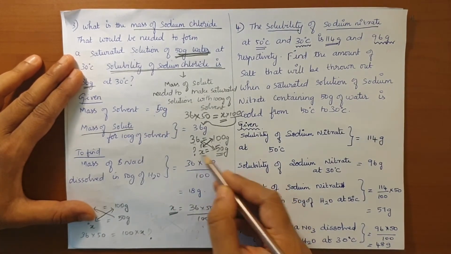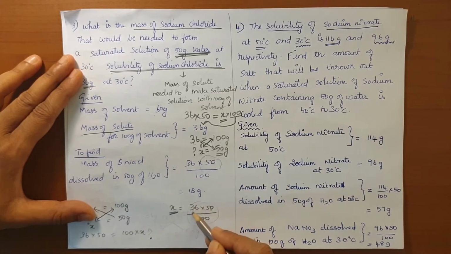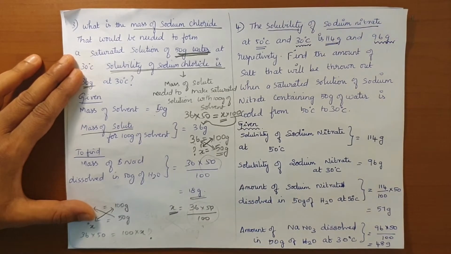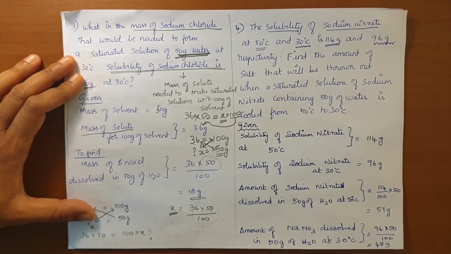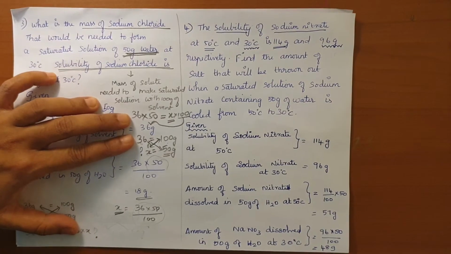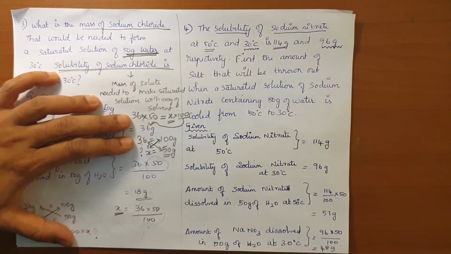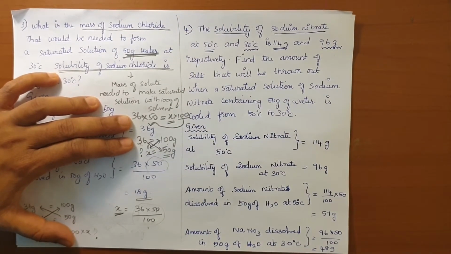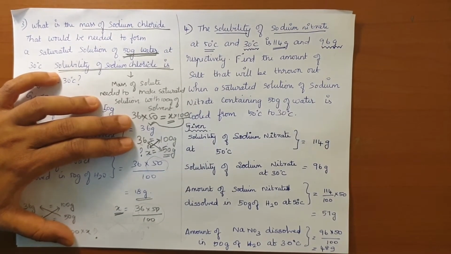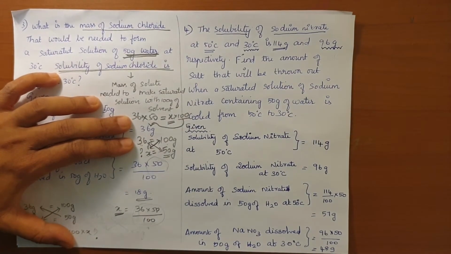If I solve this, I will get 18 grams, similar to the previous sum. Now, moving on to the fourth sum. This is a very interesting sum depending on the solubility concept. What did we learn about solubility?